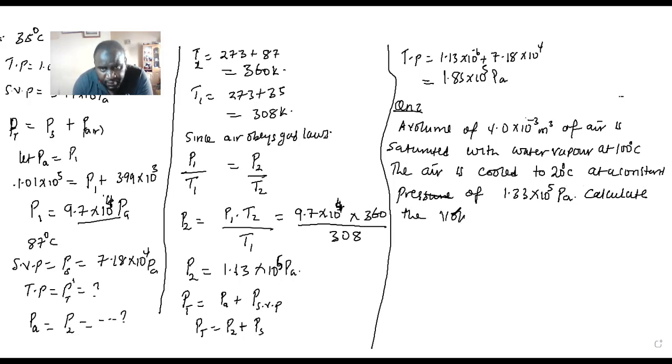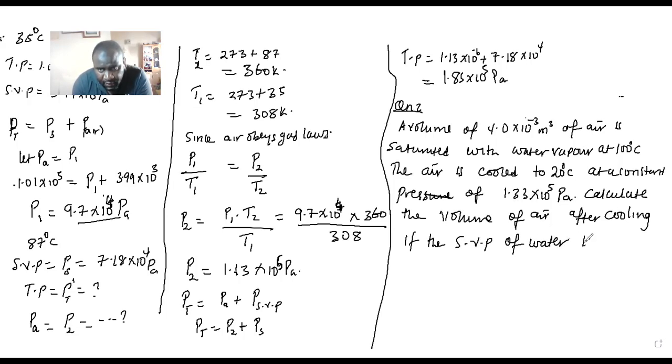Calculate the volume of air after cooling, if the saturated vapor pressure of water at 20 degrees Celsius is 2.3 times 10 to the power 3 pascals.